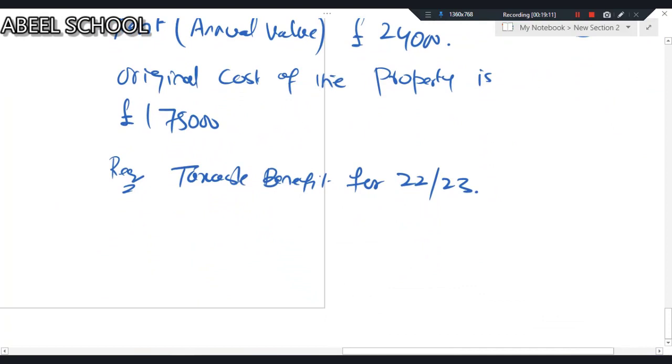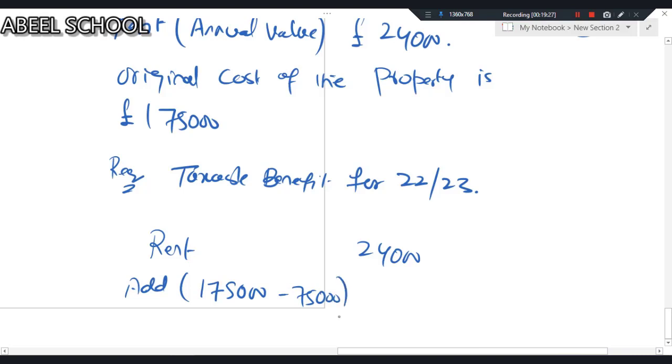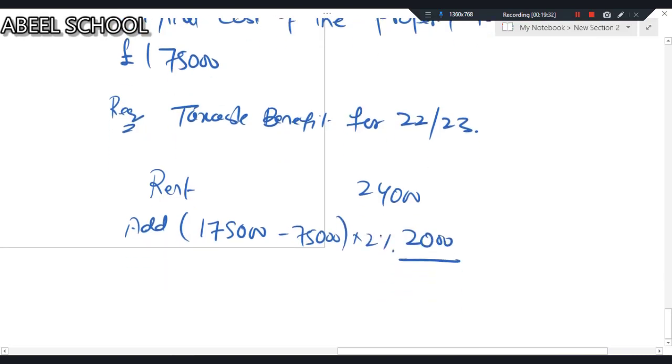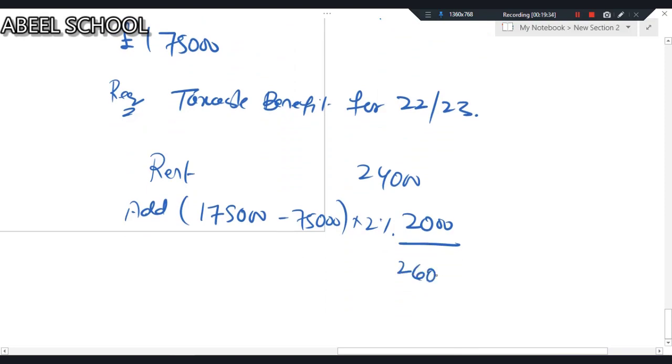So the rent, which is 24,000, let's take 24, no issue at all. Add additional benefit, which comes also in this question because it is an expensive accommodation. 1,75,000 minus 75 into 2%, definitely 2,000. So here comes 26,000. But the problem is this 26,000 benefit is for the 12 months.